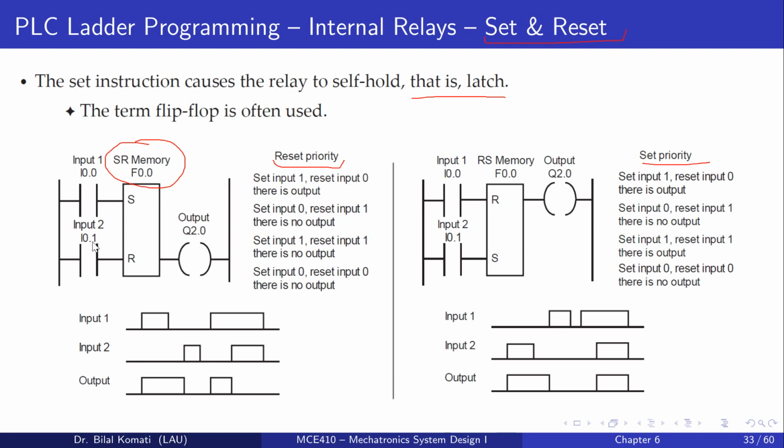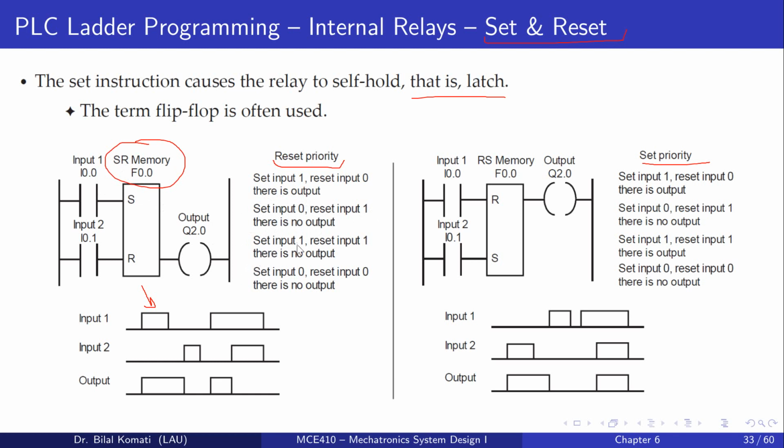If we start by having input 1 as on, so here we set input 1, and the reset input 0 is the output. In this case if we set input 0 to 0, so we reset input 1, there is no output.